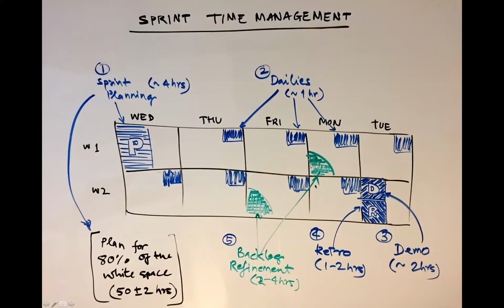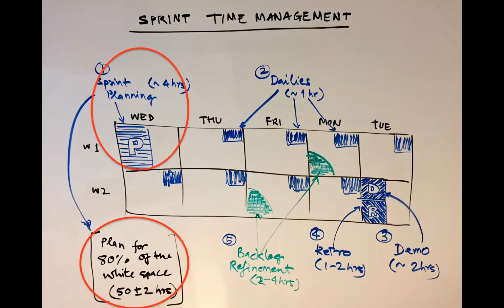Okay. Now here's the interesting part. In my practical experience, the team should only plan for about 80% of this remaining time that is depicted in the white space here in these 2 weeks.